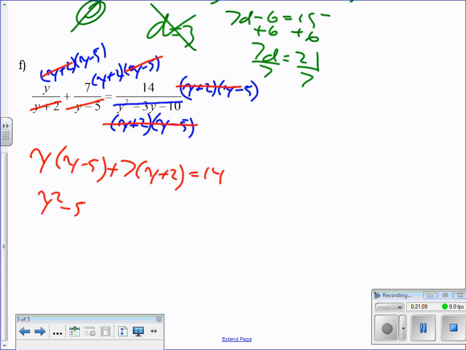Y squared minus 5y plus 7y plus 14 equals 14. Combine like terms. Y squared plus 2y plus 14 equals 14.